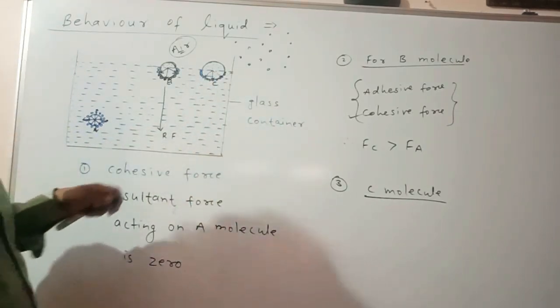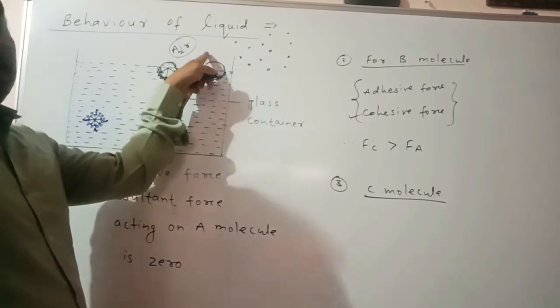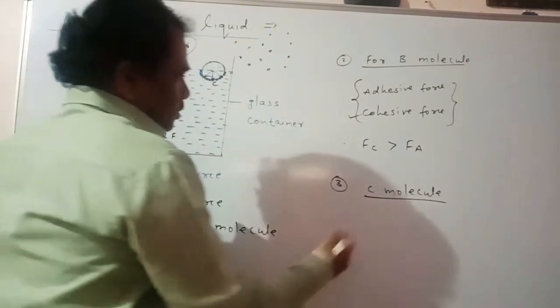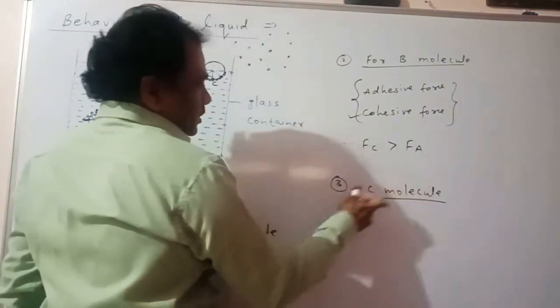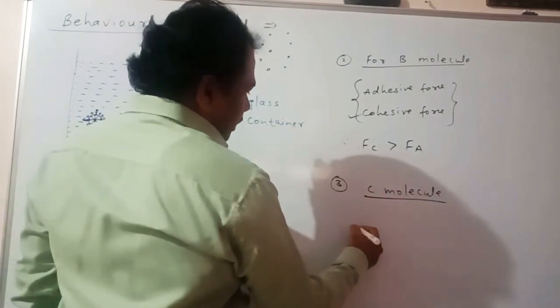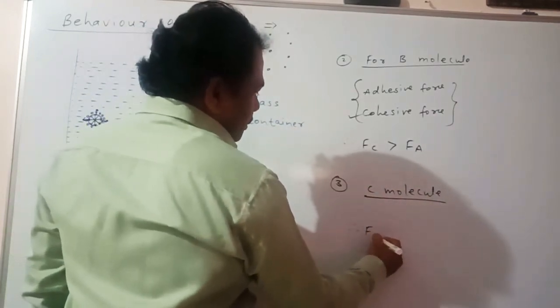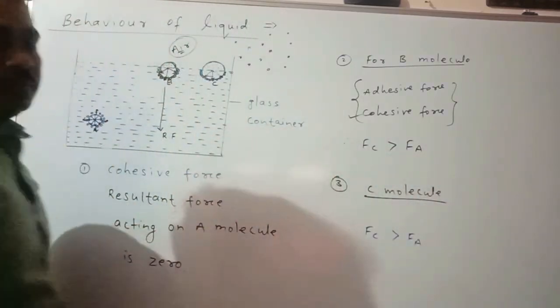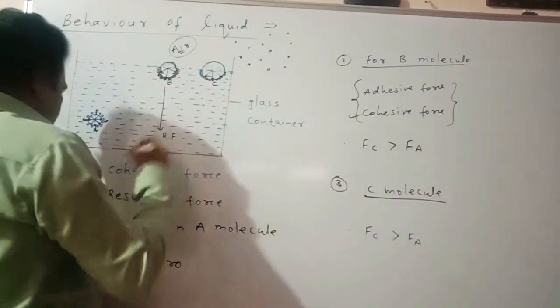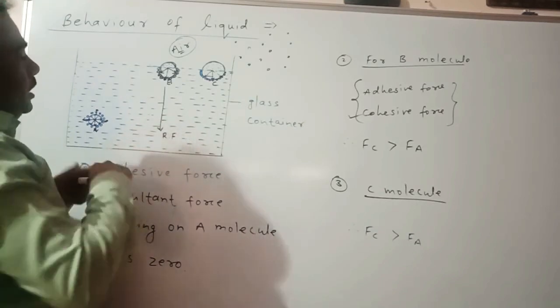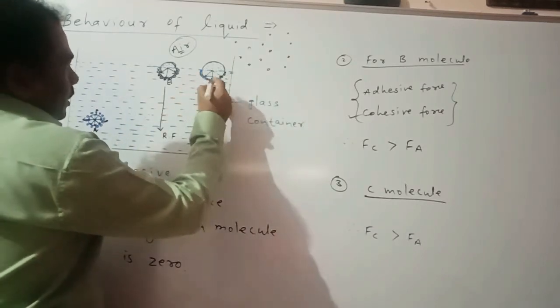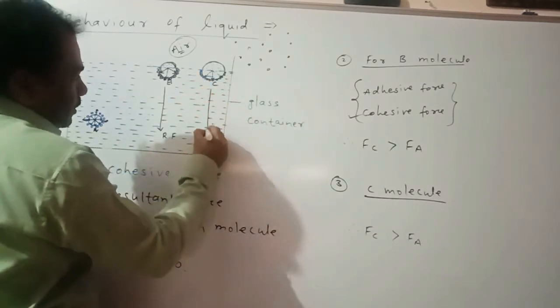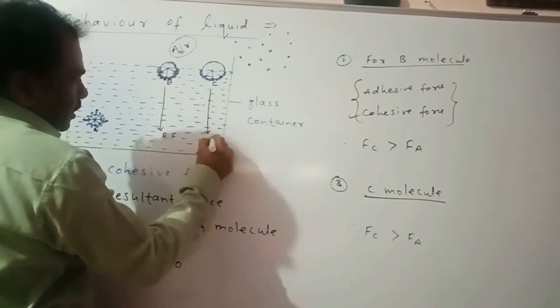That's why cohesive force is greater than adhesive force. So in the case of the C molecule, we conclude that cohesive force is greater than adhesive force. Therefore, the resultant force acts downward, whatever the exact direction.